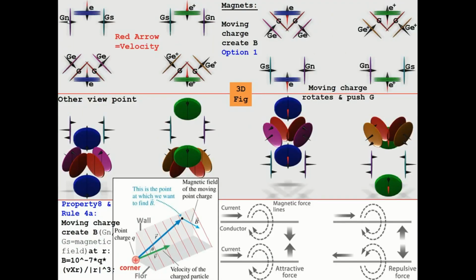A moving charge creates a magnetic field, because in addition to the heat that the E particle or the E plus particle produces by the angular velocity along the y component, it also pushes them. So they will rotate sometimes perpendicular to the Ge or electric field particle and produce a magnetic field.